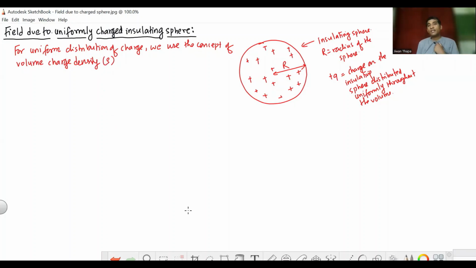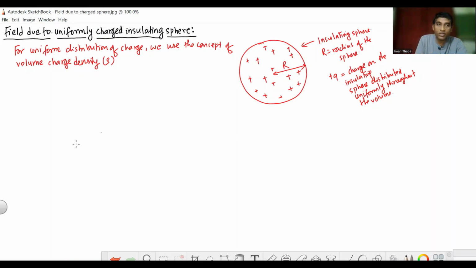Volume charge density is charge per unit volume, and it is constant. So volume charge density is constant at each point on this insulating sphere because the charge distribution is uniform.